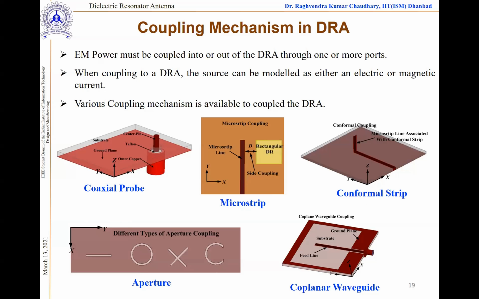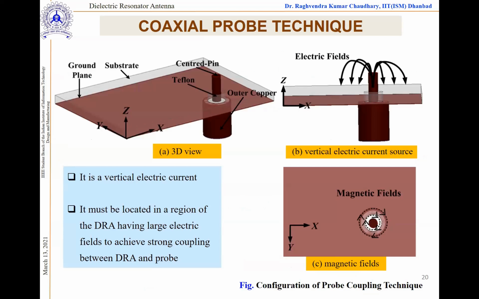So based on your requirement, you can utilize any of the coupling mechanisms. I'll show you this so that you get an idea of how I will couple this DR with this excitation mechanism. Correct. So now let us start with the coaxial probe.